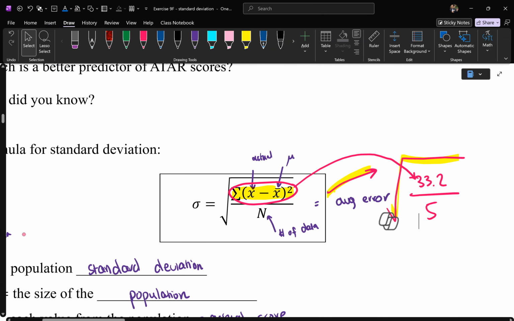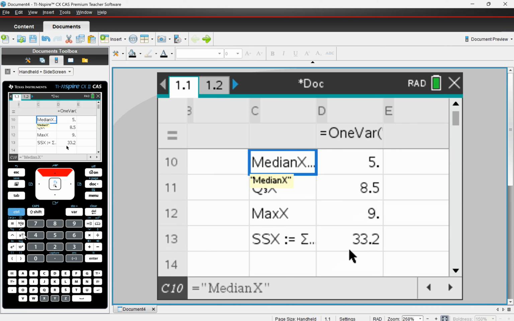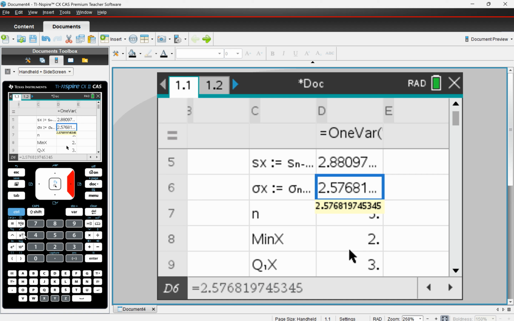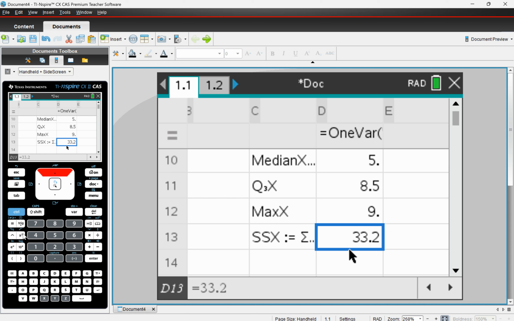So 2.57, whoops, I'll go back to this one. 2.57, that number there, that's how they calculate it. Okay, so if you want to break it into pieces, we know now the sum of the residual square, that's technically what it is, but I'm not going to use that language, it sounds really complicated. It's just your actual data minus your predicted data squared, sum of all that, that's my average error.